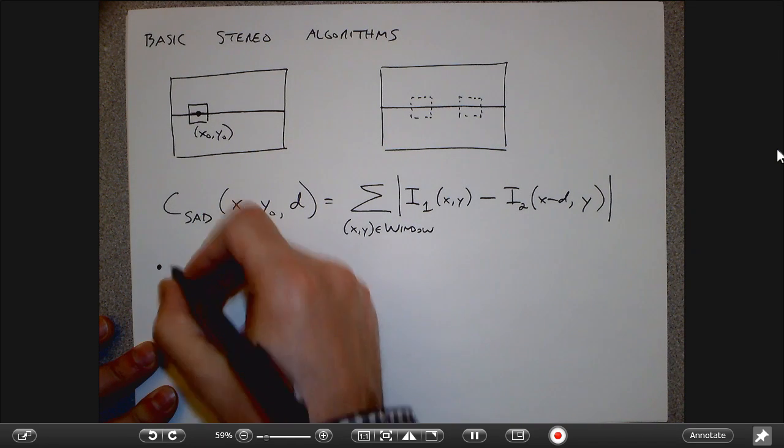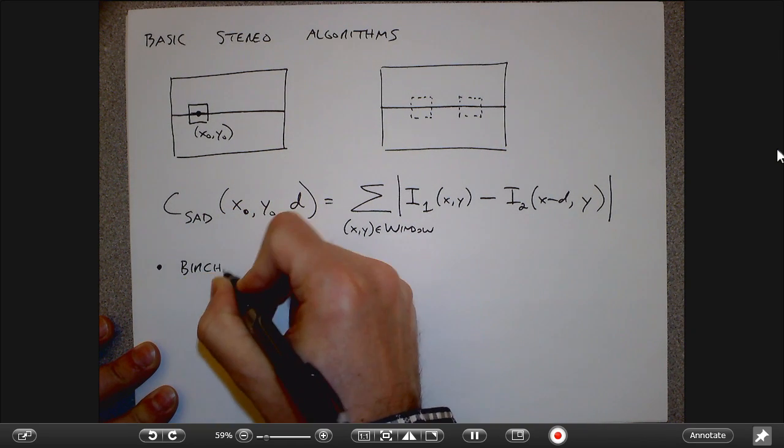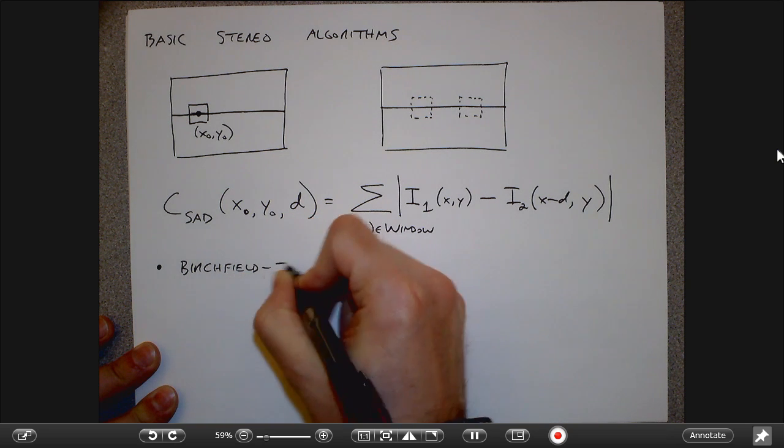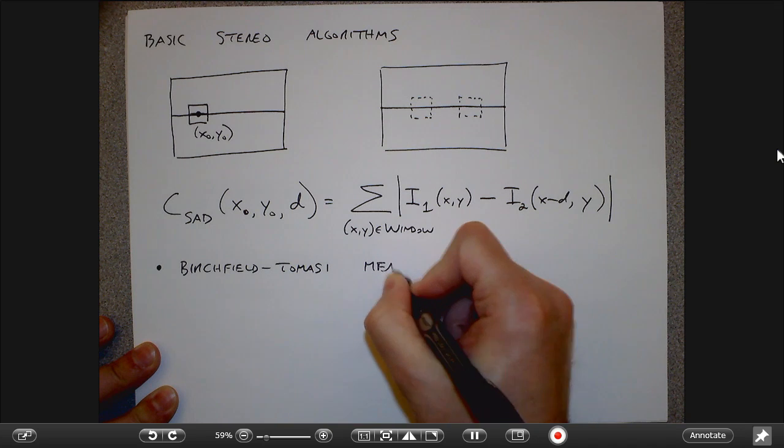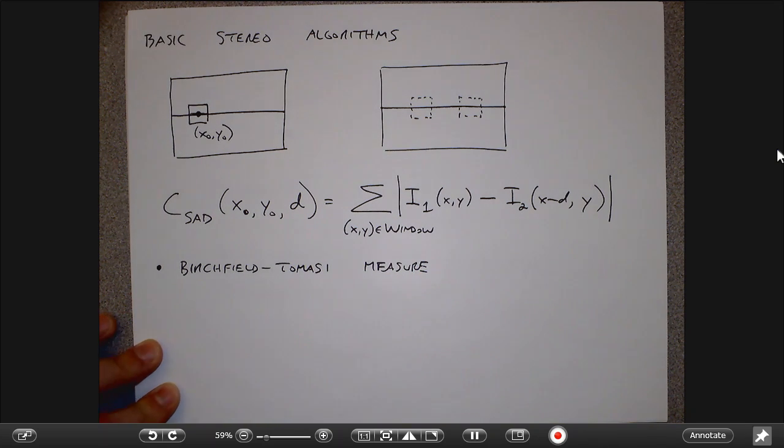Another more complicated method, which I think I asked you to look at in the homework, is called the Birchfield-Tomasi measure. What that means is that instead of only allowing myself to shift the window along units of pixels, the Birchfield-Tomasi measure tries to say, okay, suppose that my disparity was measured in units of pixels, I could still get a good estimate by letting myself try and fit this window.